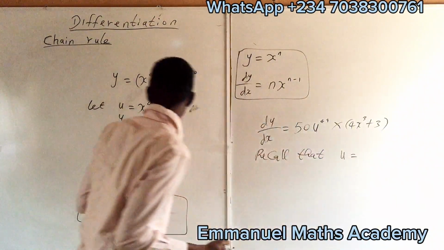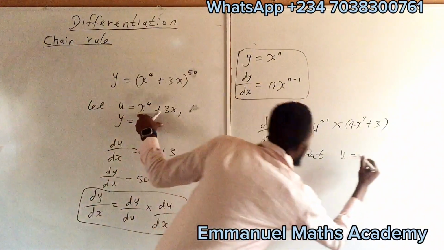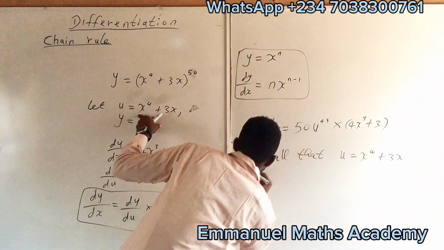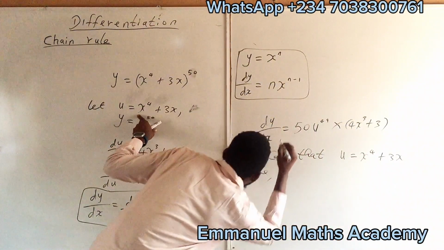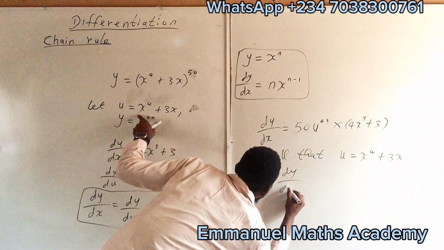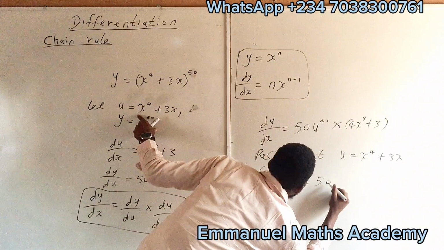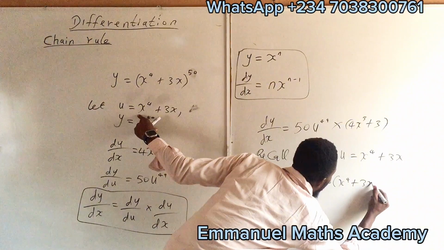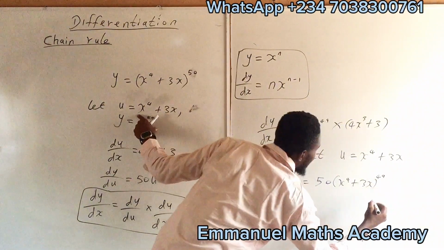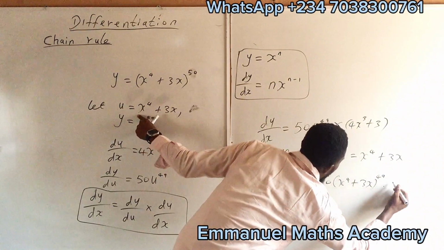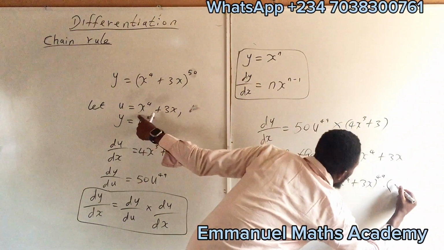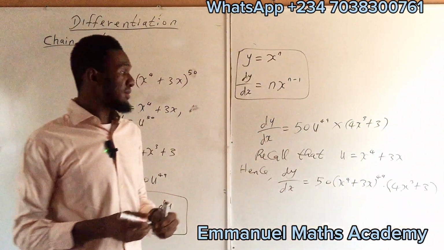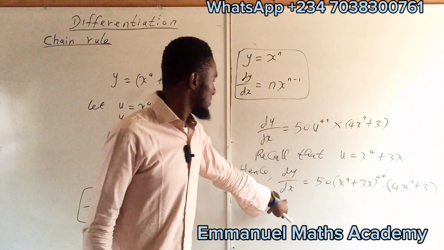Our u is x power 4 plus 3x. Hence our dy dx is equal to 50 times (x power 4 plus 3x) power 49, times (4x power 3 plus 3). As simple as that. Now this is your dy dx.